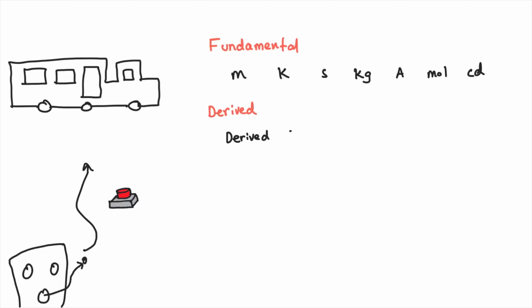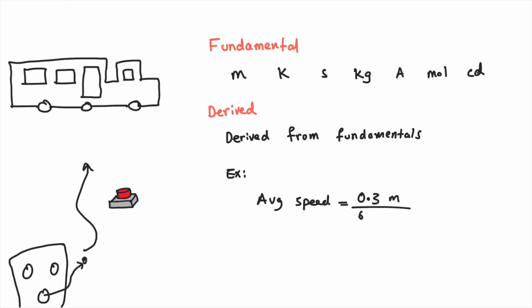An example would be the unit for average speed. Our average speed on the way back was the length of the wire, 30 centimeters or 0.3 meters, divided by 5 minutes or 600 seconds, which gives us an average speed of 0.0005 meters per second.